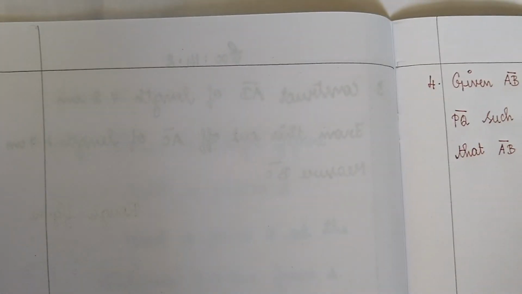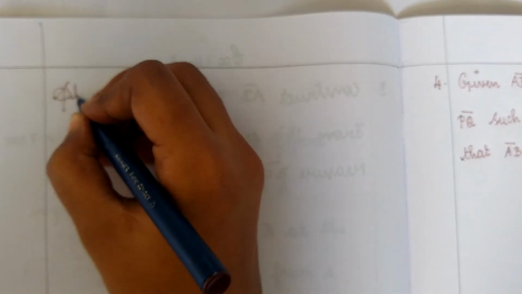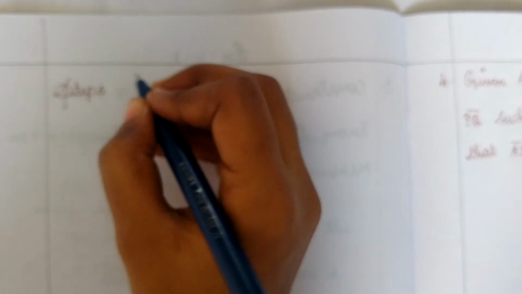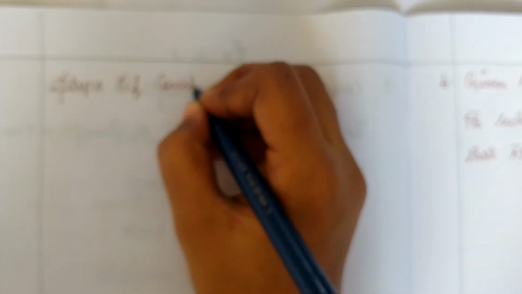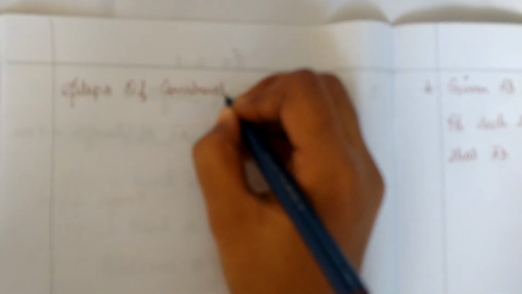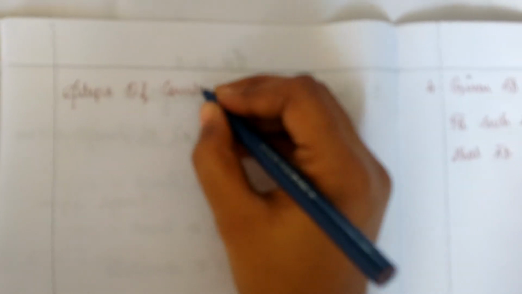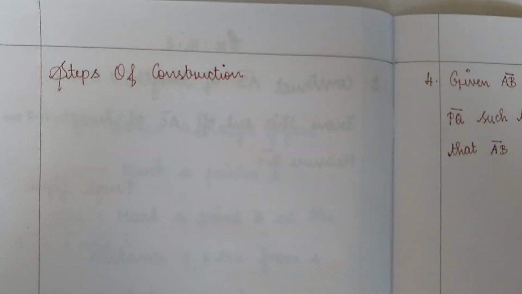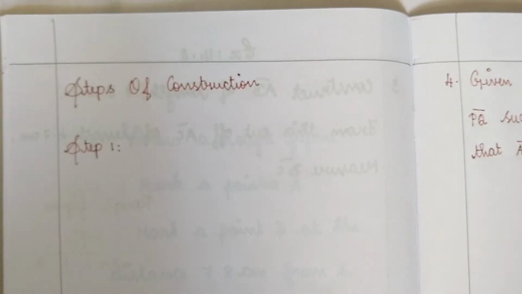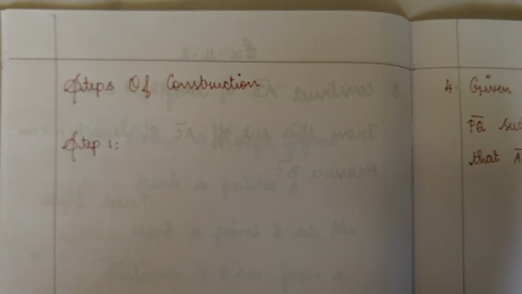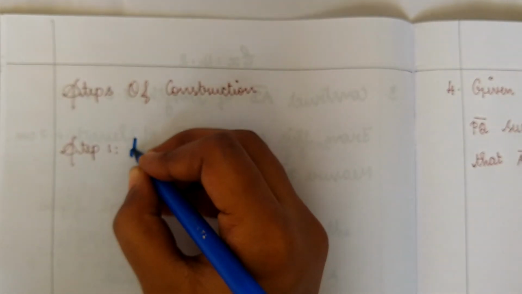Then steps of construction. Step 1 is draw a rough diagram.